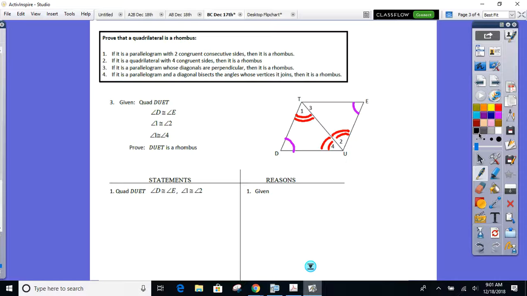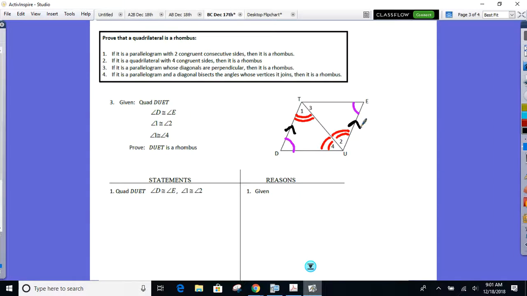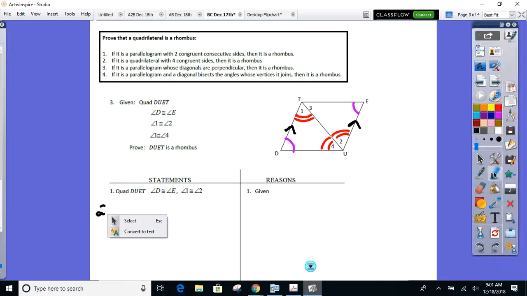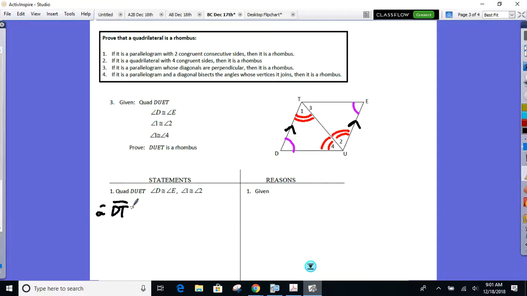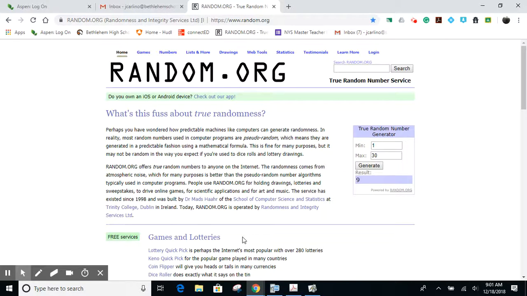Sinead, what do you got back there? Okay, don't say why. She's telling me DT is parallel to UE. That is a correct statement. DT congruent to UE. Why? Why are those two? Sorry, you said parallel, didn't you?